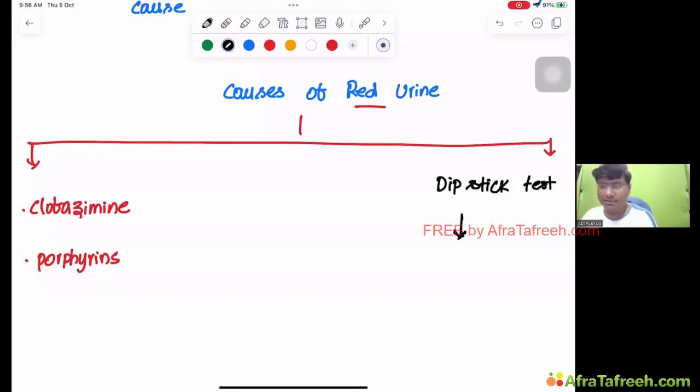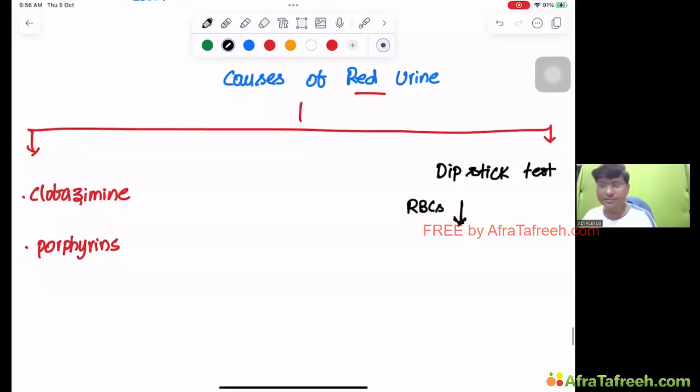You found that there is presence of RBCs in the dipstick test. Then, with red color urine, it can be hematuria, it can be myoglobinuria, it can be hemoglobinuria also. We don't know what is the cause.